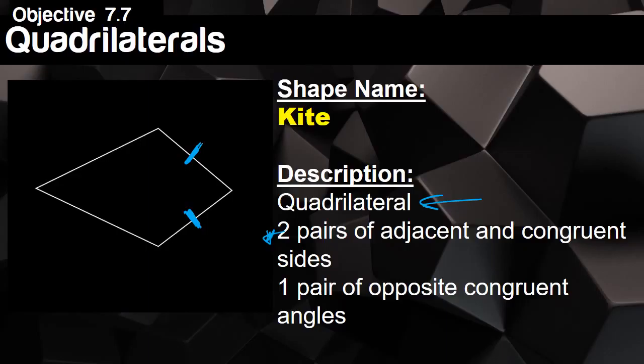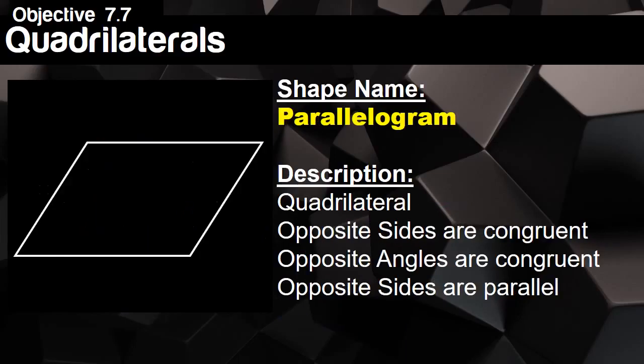And then the bottom 2 are congruent to each other, so I'm putting 2 hatch marks. Adjacent means they're next to each other. And then it also has 1 pair of opposite congruent angles. We could say that these 2 angles that I labeled are congruent.